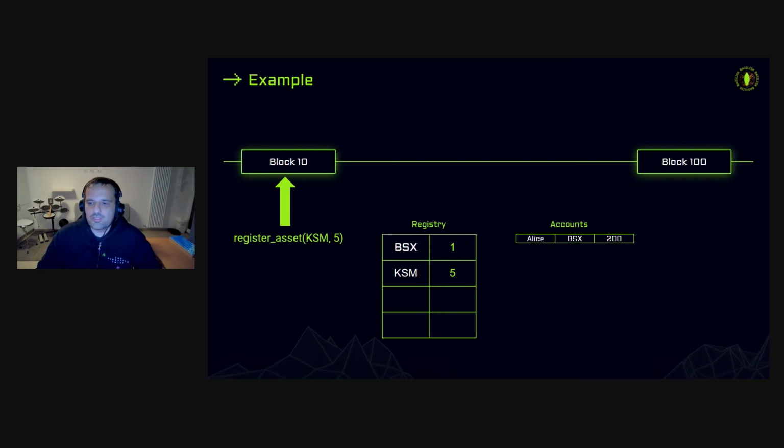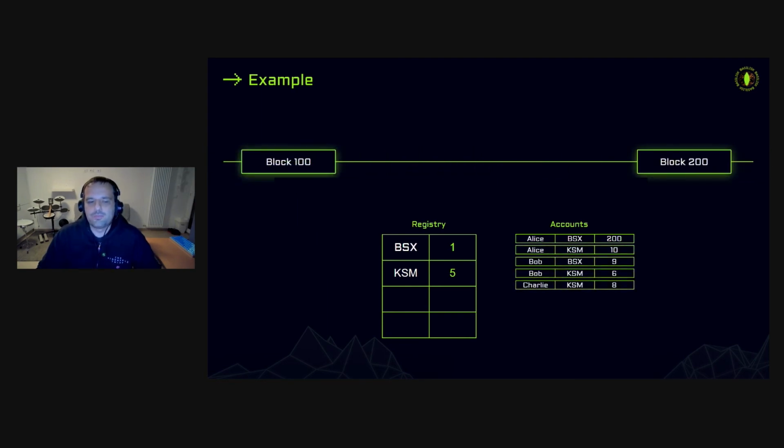That's written in the registry. So let's fast forward to block 100. During that period, there were some transfers, and our account storage looks like this. We have some new accounts, Bob and Charlie. Alice acquired some KSM tokens as well.